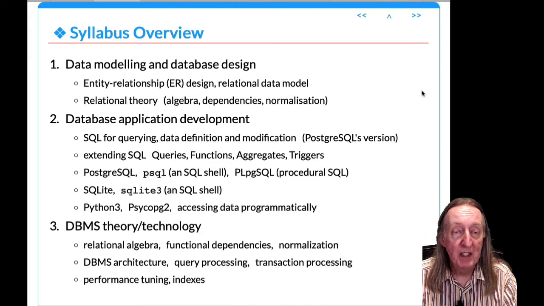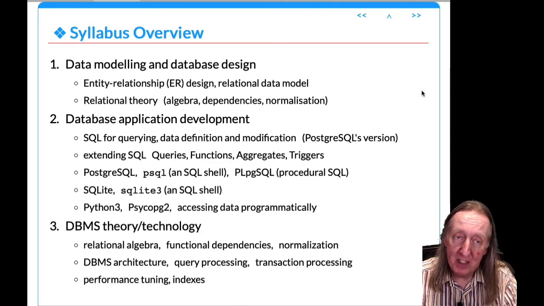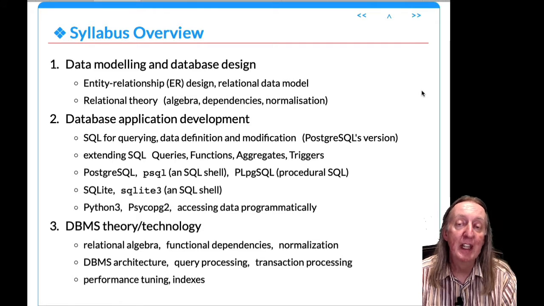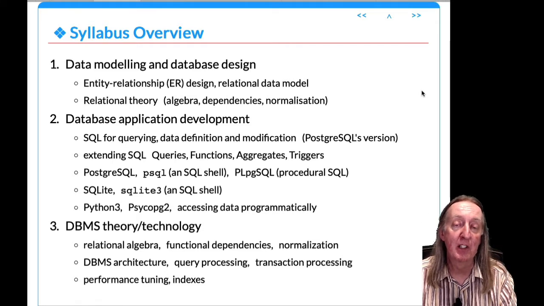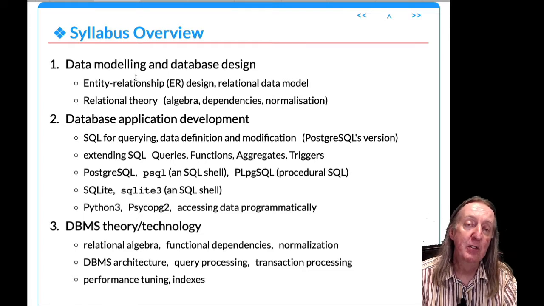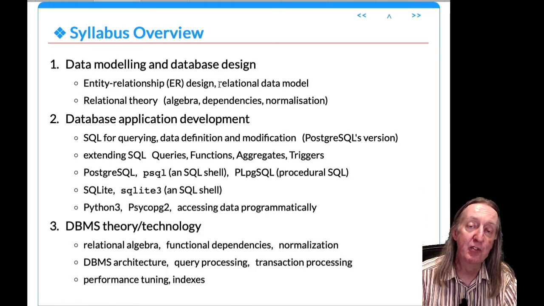Alright, so the syllabus, and this is pretty much the order I would teach it if we didn't have to front load for the more practical stuff. So data modeling and database design, notice that we talk about relational theory early on because it's related to building relational data models and checking whether they're in normal form.